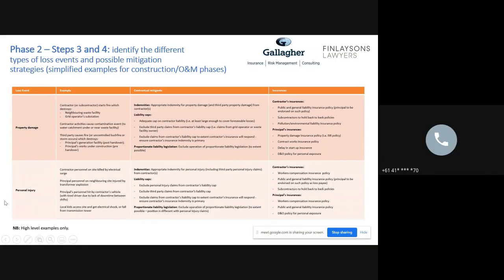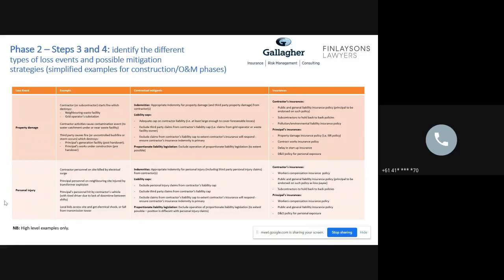The purpose of this was just to give you a snapshot as to what type of losses you could experience on the job, and how, from a contract lawyer's perspective, we look at drafting the contracts in a way that tries to minimise your potential risk exposure, which you'll see there as the middle column after the examples, and then also the related insurances that you should have in place in relation to these particular events or potential losses for your project.